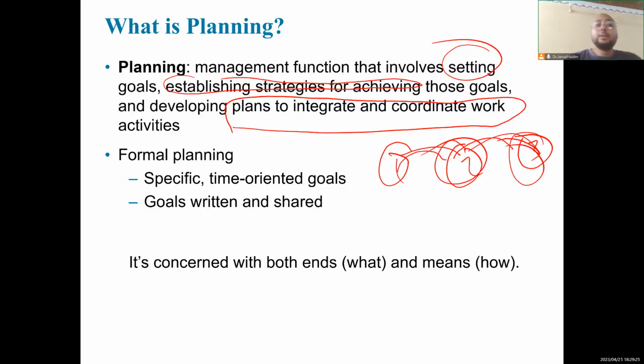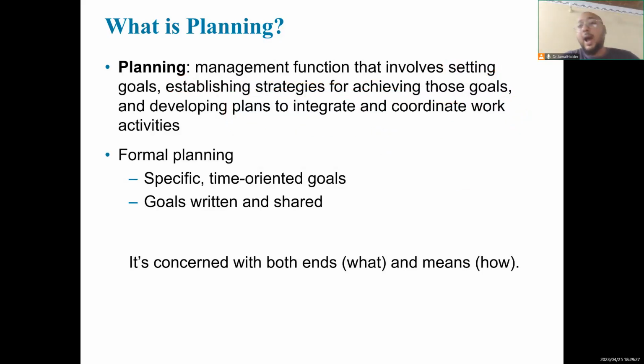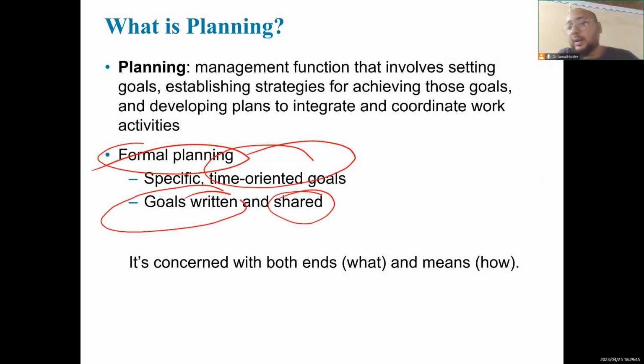But unlike our daily routines, organizational planning is formal. You need documentation. You are very serious about that. And it should be time bound as well. Goals must be written and shared organization-wide. If you want to be the top class quality producer of computers, how can you become one?